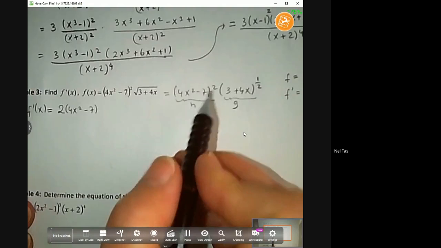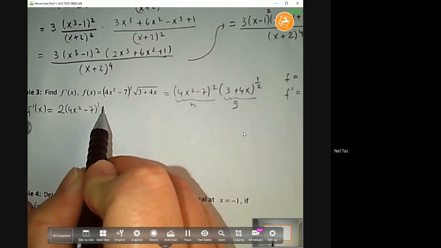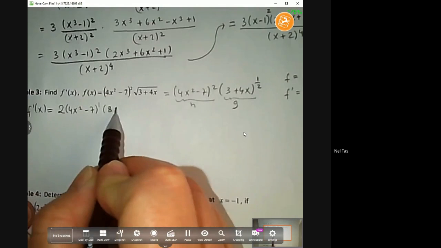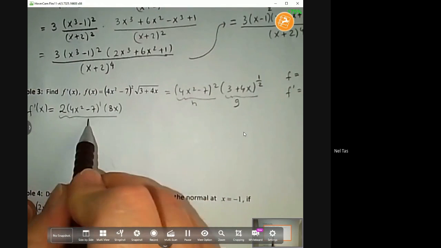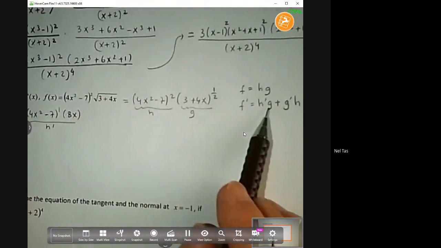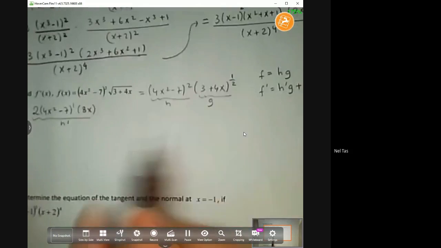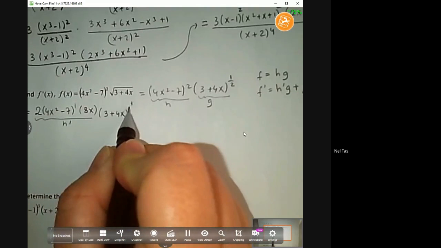So 2 minus 1 gives you 1. Times derivative of inside, which is 8x. So now this is h prime.